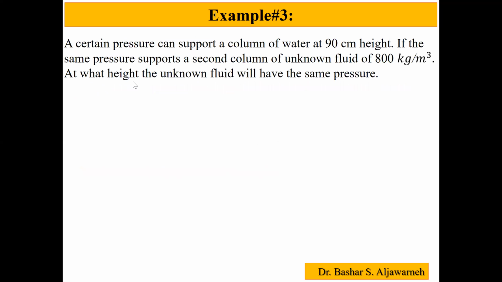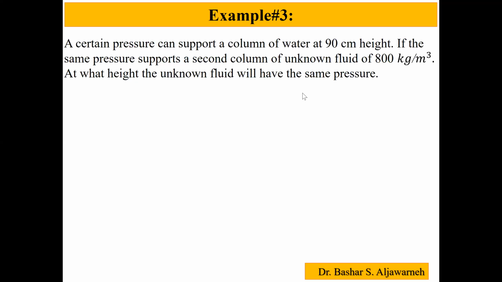Third example: a certain pressure can support a column of water at a certain height. If the same pressure supports a second column of a non-liquid fluid of 800 kilogram per meter cube, at what height will the unknown fluid have the same pressure?